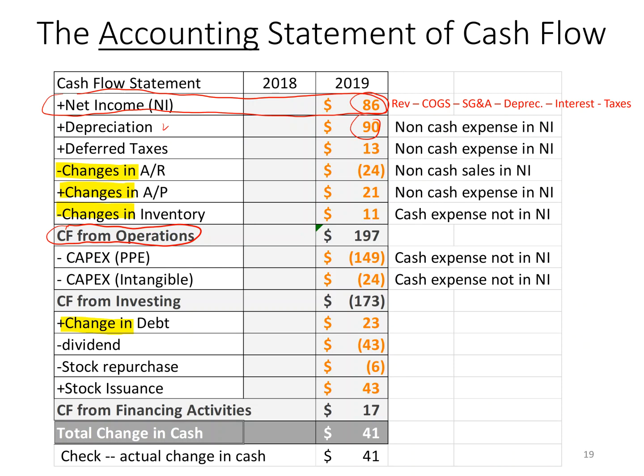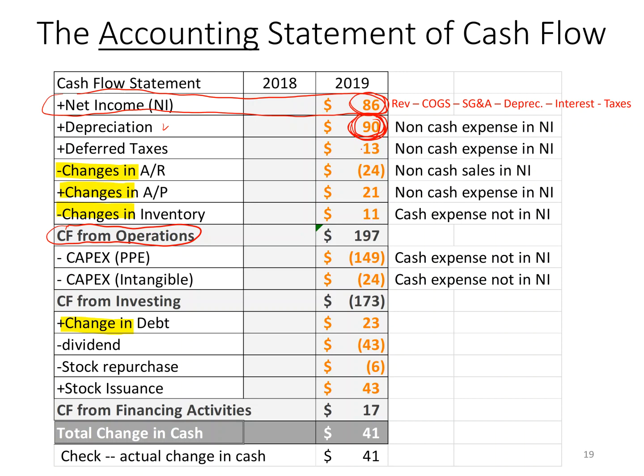Maybe this organization bought a delivery van several years ago, and it's depreciating, say, $90 of it in this year. So that is an expense that is not cash. It's kind of like a fake expense. It's an expense that already happened a long time ago, and we're just recognizing it over time. So I'm going to take my net income and add back depreciation because it's a non-cash expense.